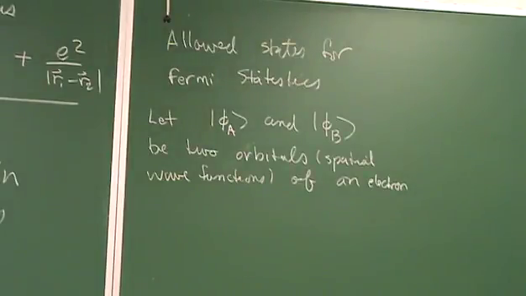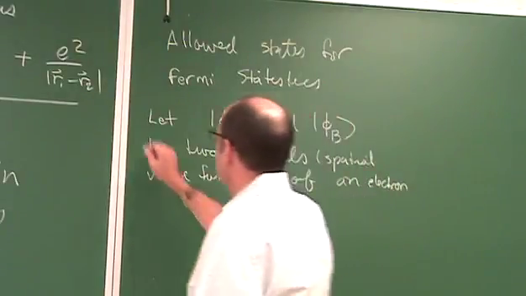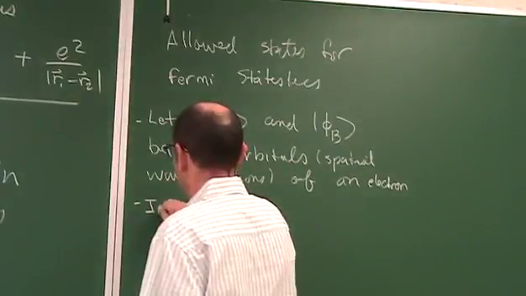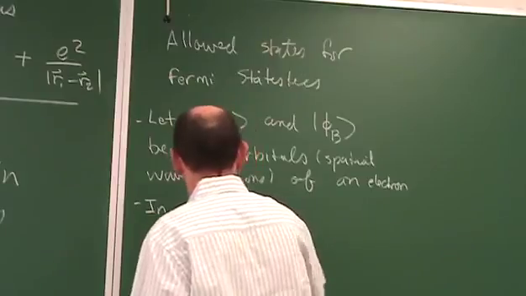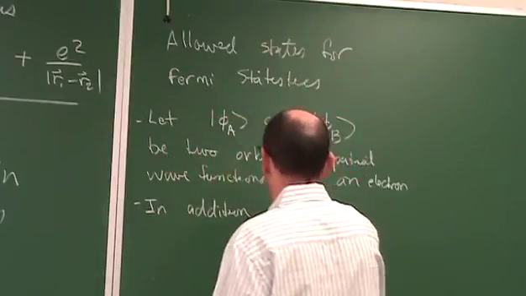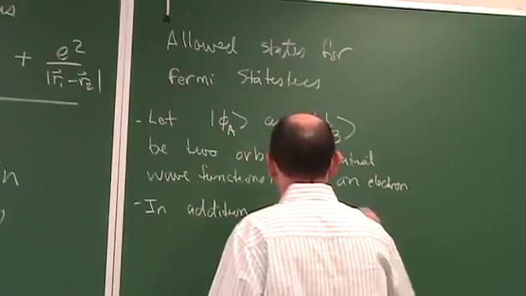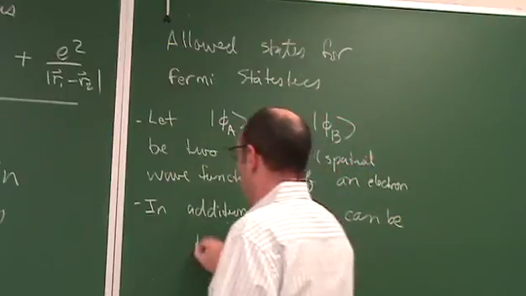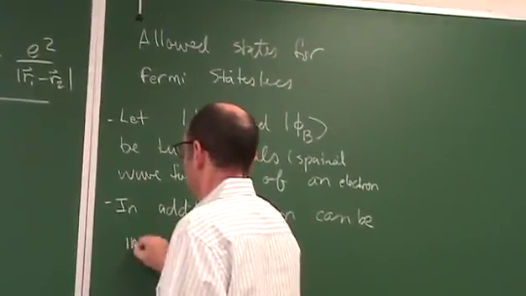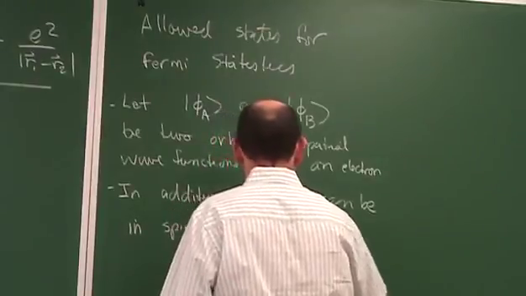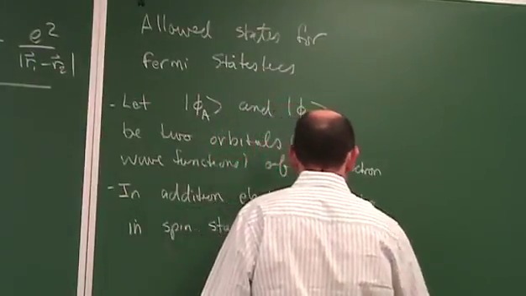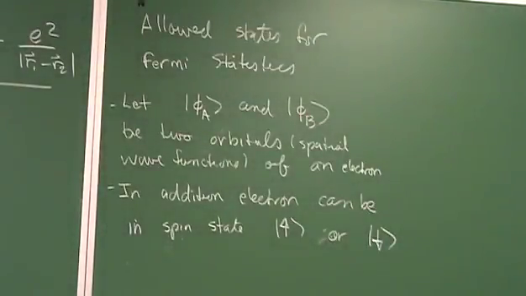To fully specify the state, we need also to think about the spin. So of course, in addition, an electron can be spin up or down, or any linear combination of spin up and spin down.